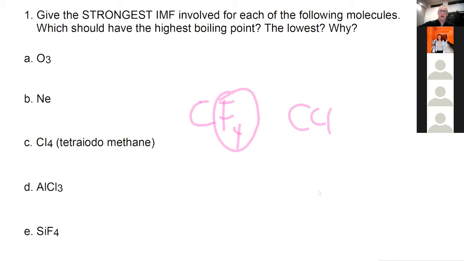Carbon tetrachloride is actually a liquid at room temperature, but has a fairly low boiling point. And then carbon tetrabromide would be even bigger. That's a liquid. Yes, so tetraiodomethane definitely is a liquid at room temperature.